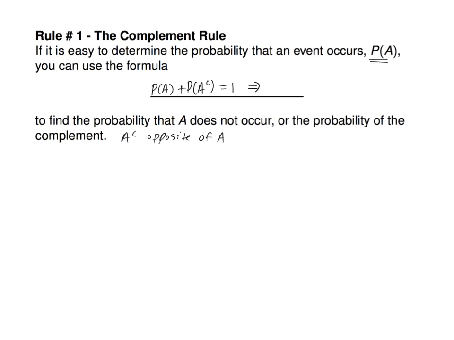So that implies that P of A complement is 1 minus P of A, right? All I did there was take P of A away from both sides and solve for P of A complement, right? So P of A is the chances that an event happens. P of A complement is the chances that the event does not happen.